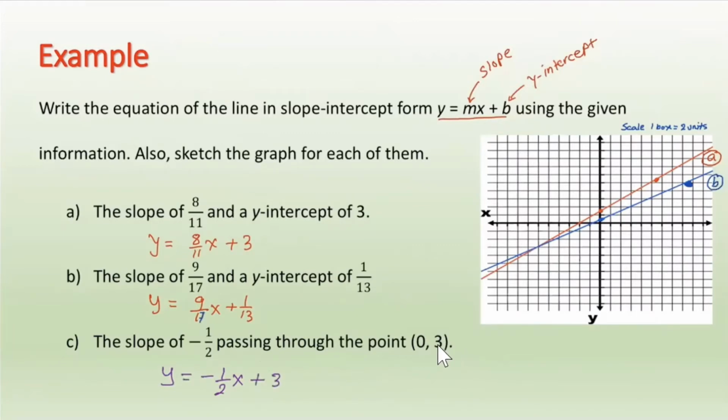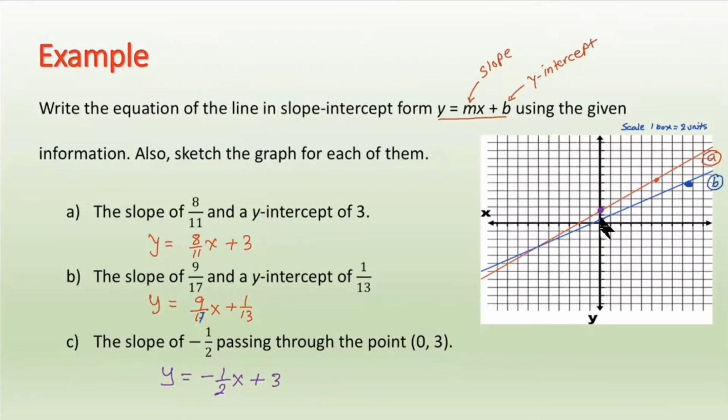So your y-intercept is 3, which was this point up here. And then you can see that we have -1/2. So you go 1 unit down and 2 units horizontally. That's the meaning.